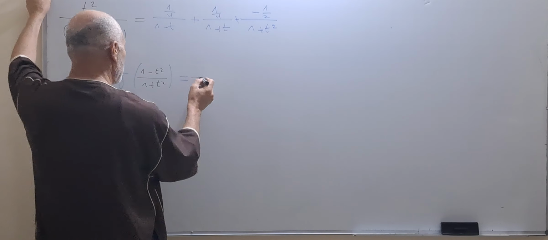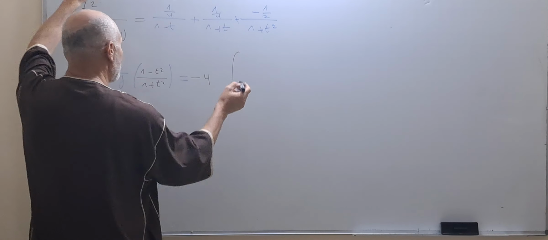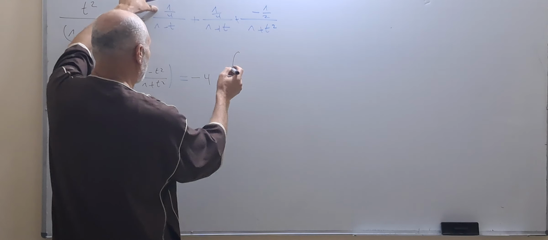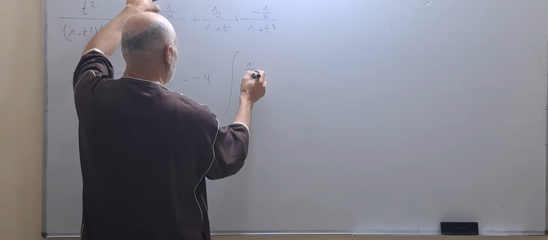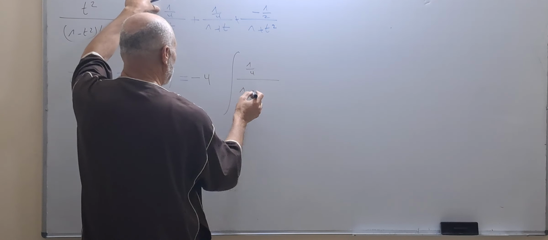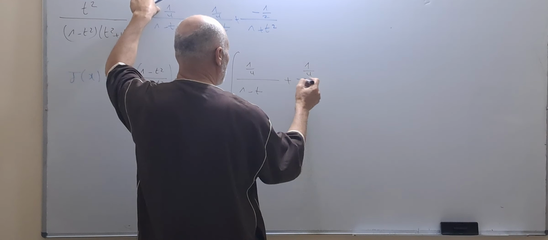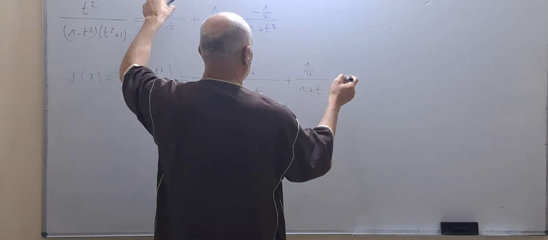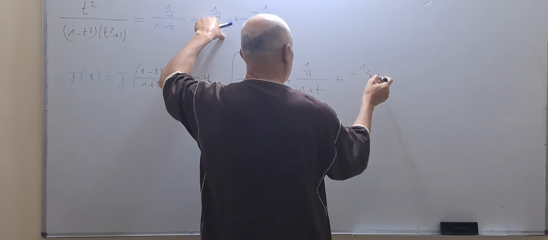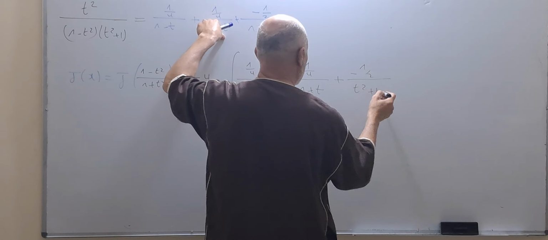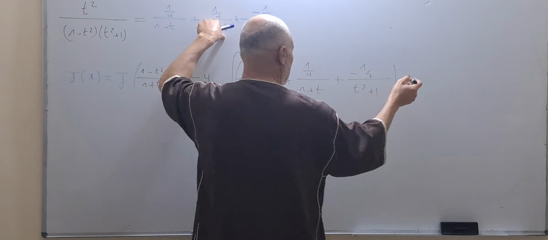This is equal to minus 4 times the integration of 1 over 4 over (1 minus t), plus 1 over 4 over (1 plus t), minus 1 over 4 over (t square plus 1), dt.